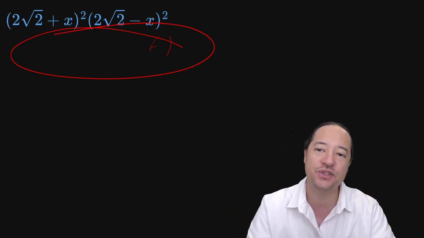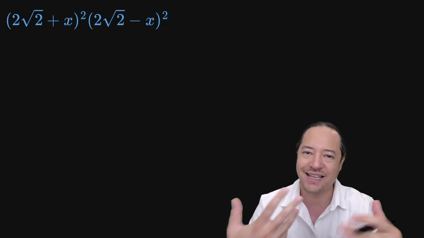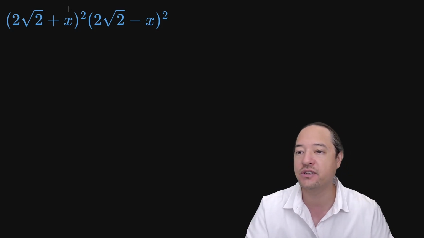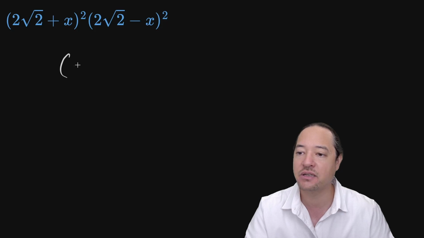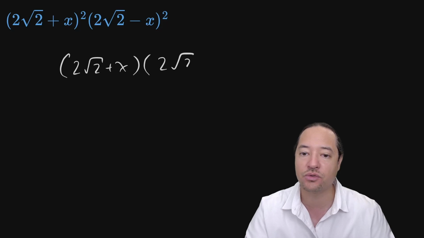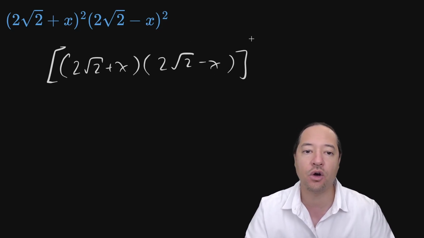Multiplying two trinomials together, that can be a lot of terms. So instead, what we're going to do is we're going to recognize that I can write this as essentially 2 root 2 plus x multiplied by 2 root 2 minus x, and then I'm going to square all of this.